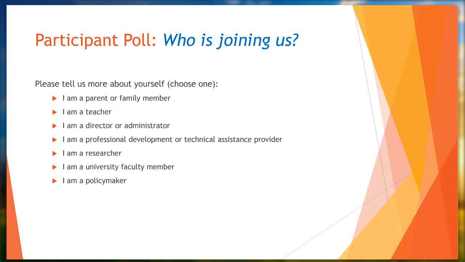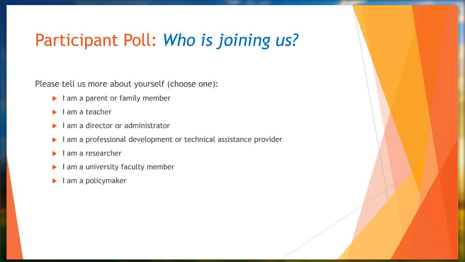If you could take a moment to type in the chat box which of these is your primary role: are you a parent or a family member, a teacher, a director or administrator, a professional development or technical assistance provider, a researcher, a university faculty member, or a policymaker? I'll pause here for a minute so that we can take a quick look at what our participants' roles are.